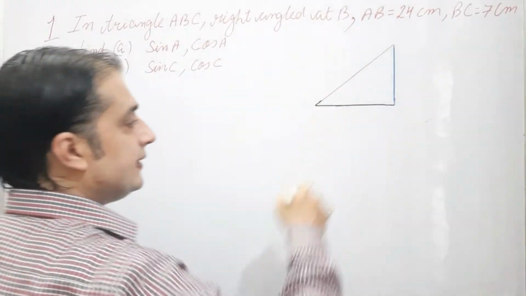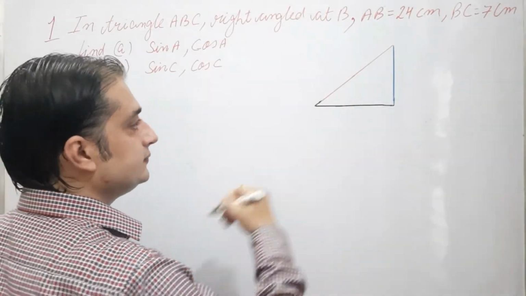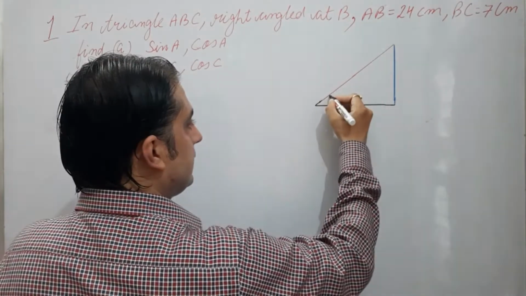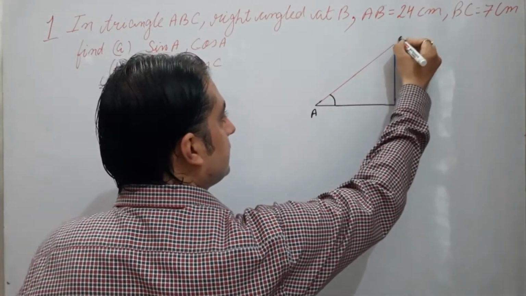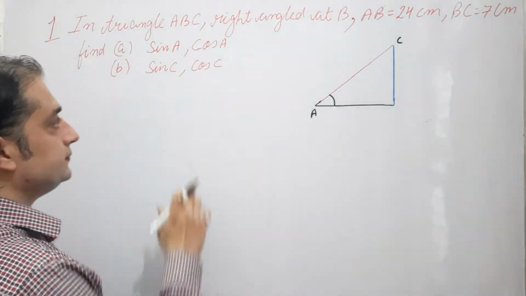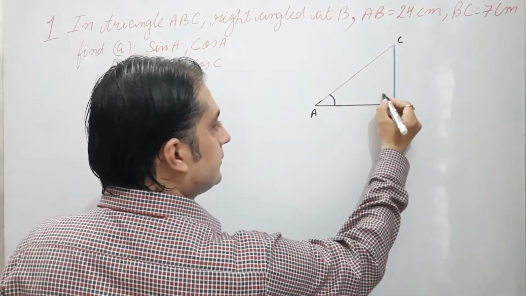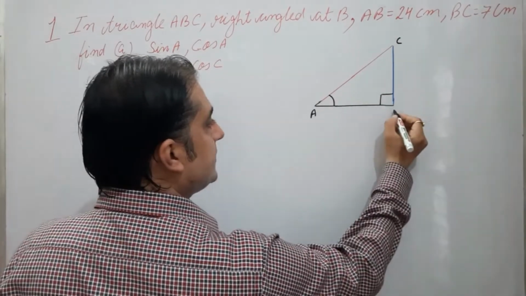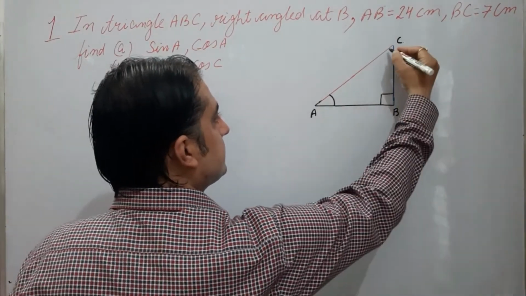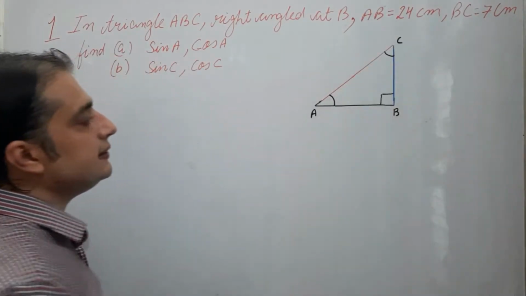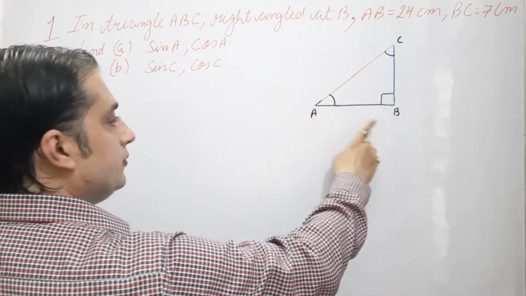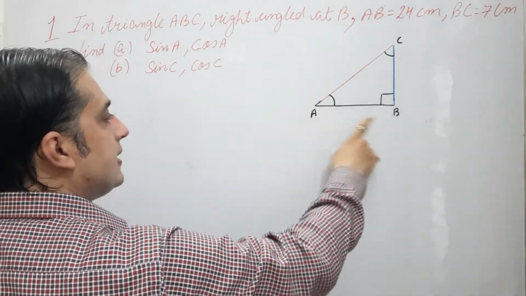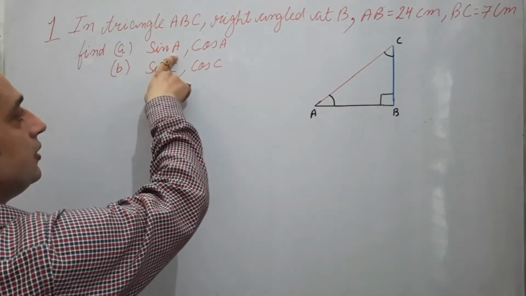So draw a right angle triangle in which A and C are acute angles, and name this triangle ABC. You have to draw a right angle triangle first and name it as per your acute angles.